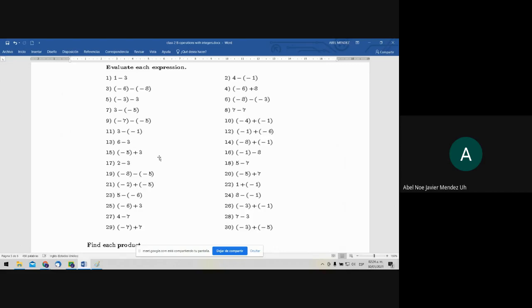We learned how to read the arithmetic operations, and now we are practicing the arithmetic operations, okay, of subtraction, addition, multiplication, and division, okay?